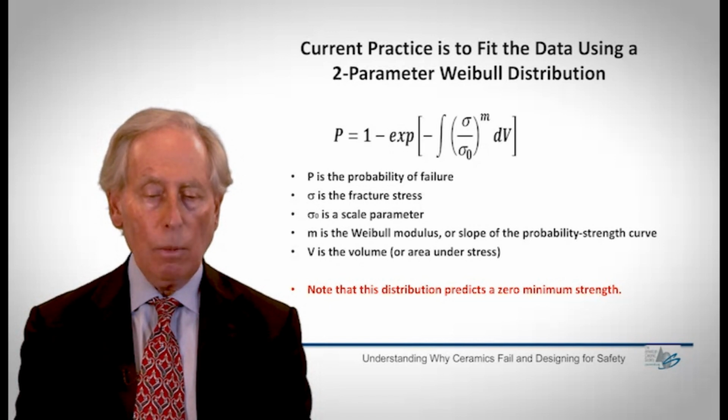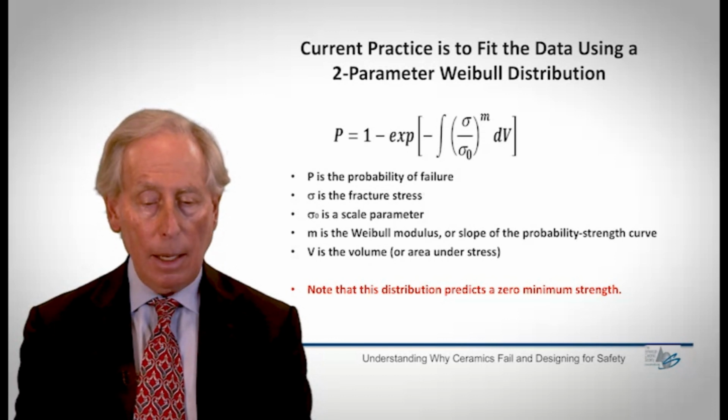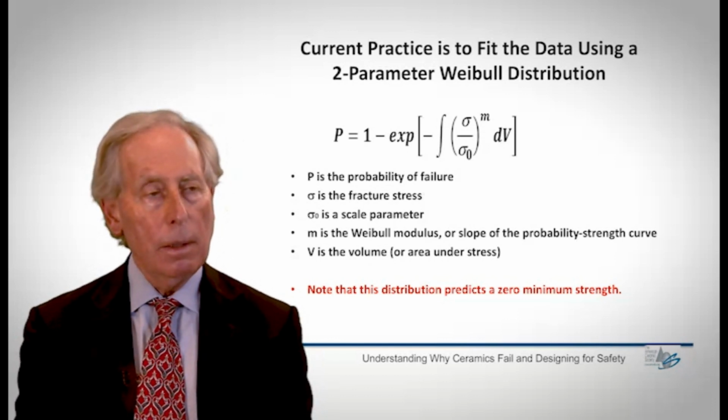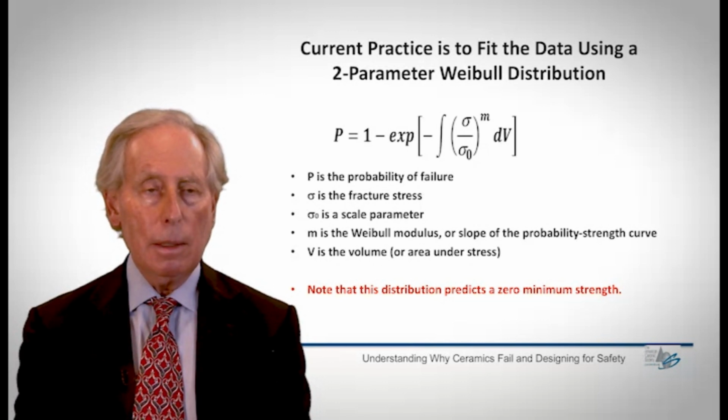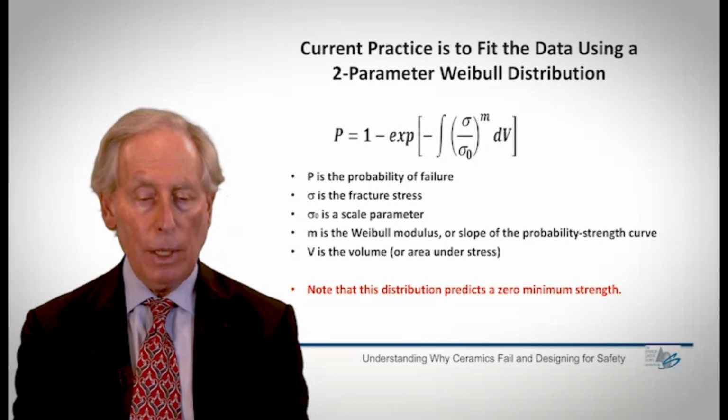So it fails from that one flaw, and it's a probability distribution. I will say now that it's not the only distribution, and I will show in just a few minutes that this particular equation may not be the best distribution to fit your data.